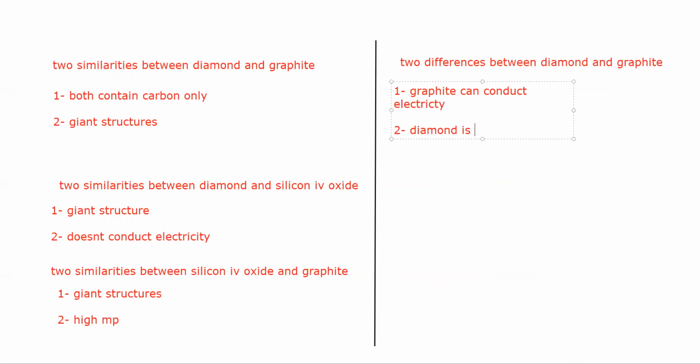Diamond is actually the hardest substance known, where graphite is soft and slippery. And the third one you just mentioned, that one is tetrahedral, where graphite is hexagonal.